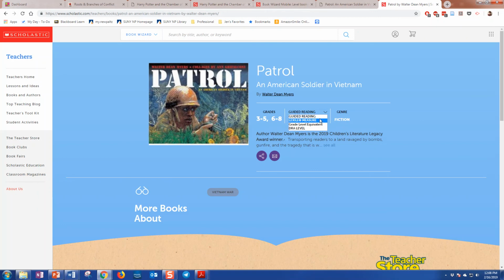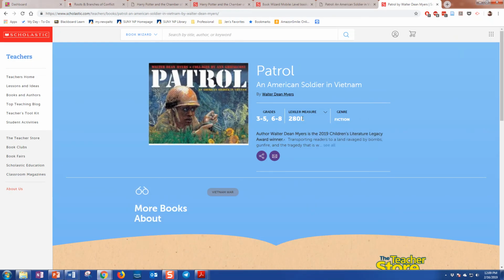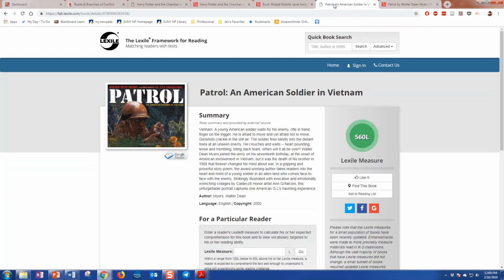But when you look at their Lexile measure, they say 280L. Okay, so the Lexile measure of 280, which is in the 1st grade span. So I don't know why they have the Lexile measure as 280 when you go on Lexile it says 560.